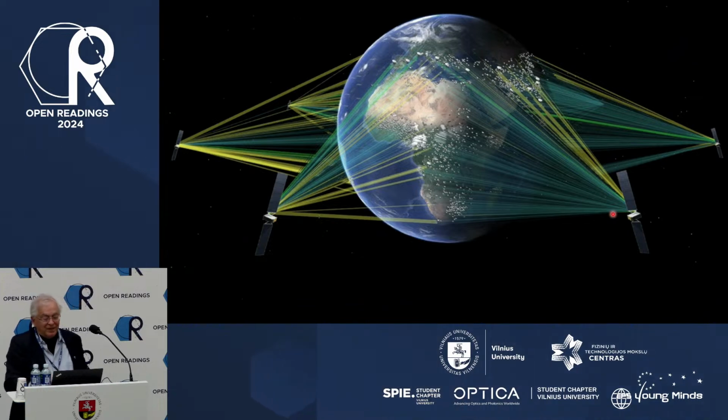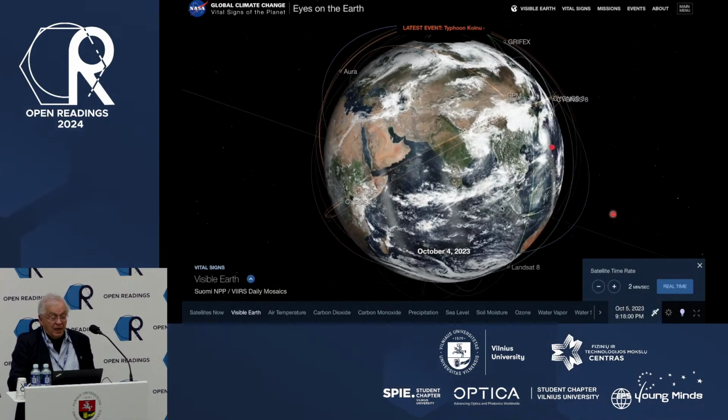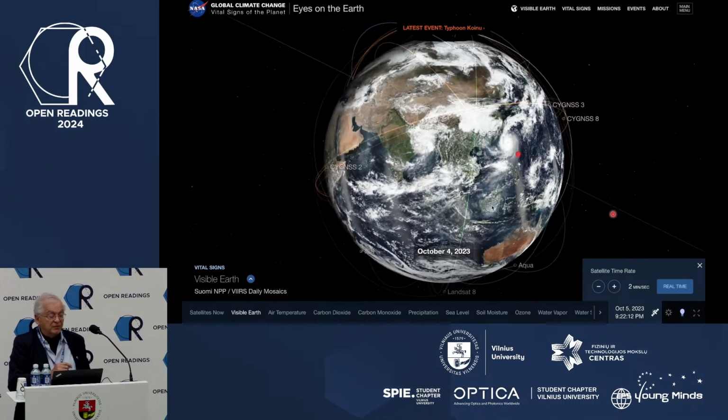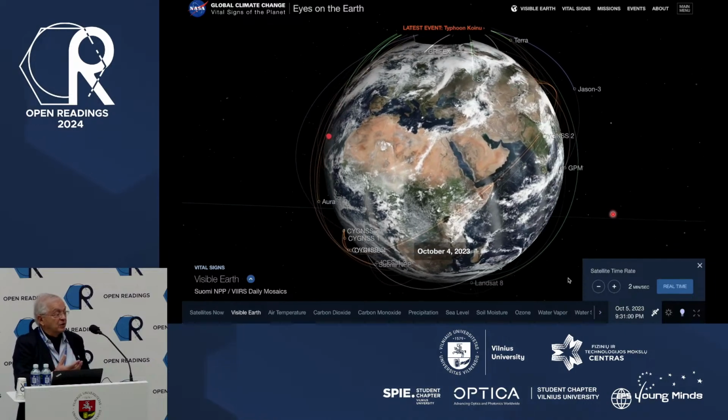In a sense, it's a two-sided story. On one side, it shows how less smart the politicians are. But the other side is that it's becoming so much part of our life that we don't think about what we are doing. And the other thing where you are going to be seeing a lot of development is this network of satellites to monitor our environment.